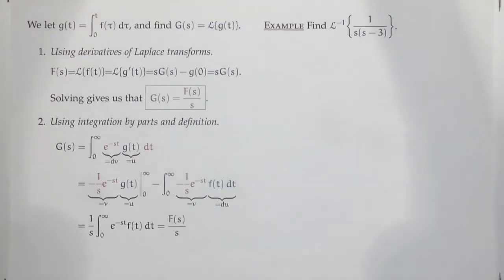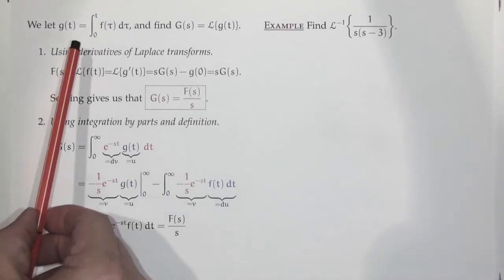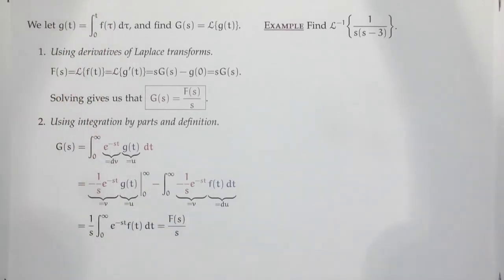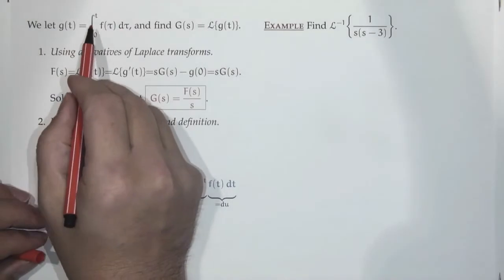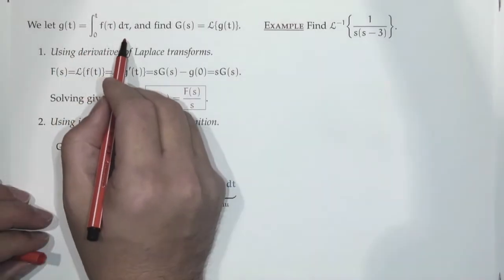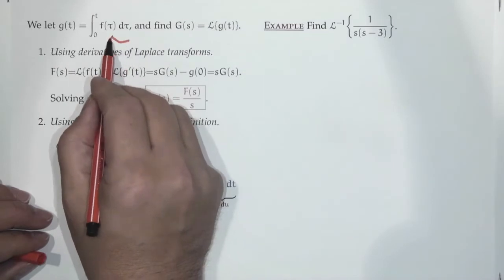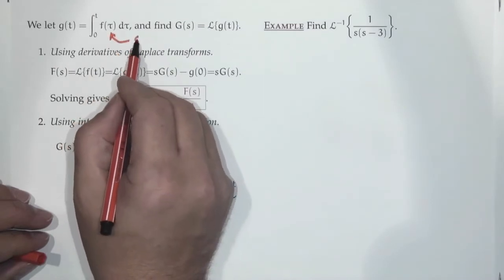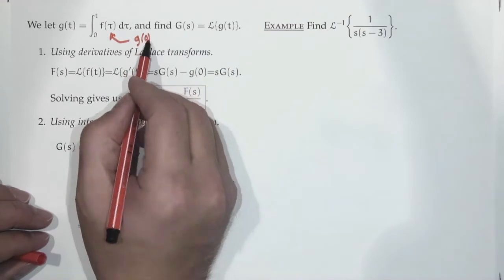So the first thing we want to talk about is how do we take the transform of the antiderivative? Now, I want to point out this isn't just any antiderivative, because we're going to use some facts about this, because we have specific bounds. So this is the antiderivative of f with a particular initial condition, and namely, what can you say about the value at 0?